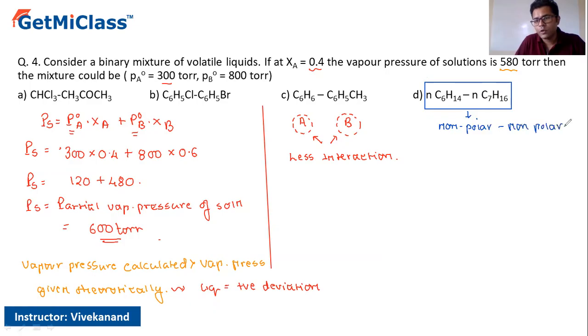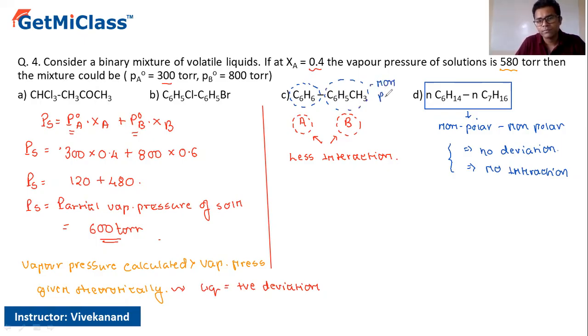So when it is a non-polar mixture, it shows absolutely no deviation because of no interactions. Same condition can be applied over here for the benzene and toluene mixture, as both of these are again non-polar. So if it is non-polar, again, no deviations, no interactions.